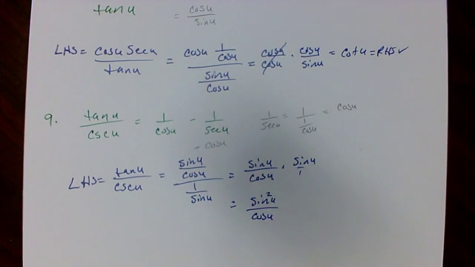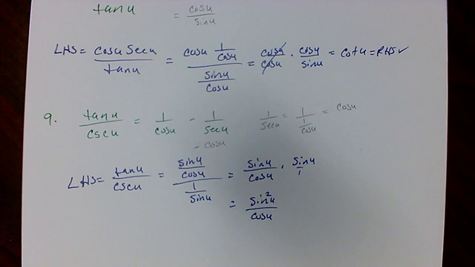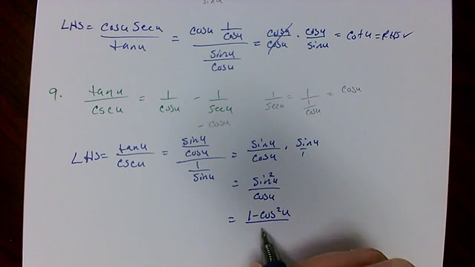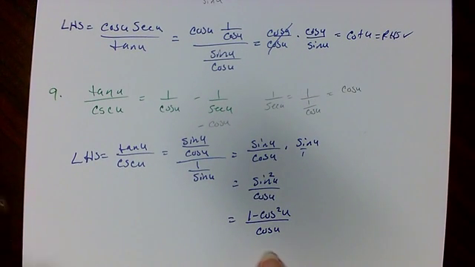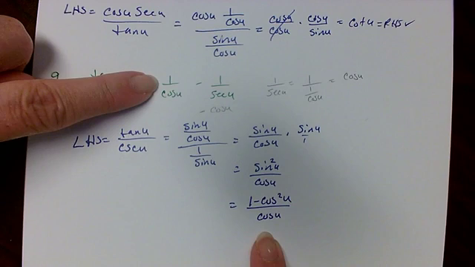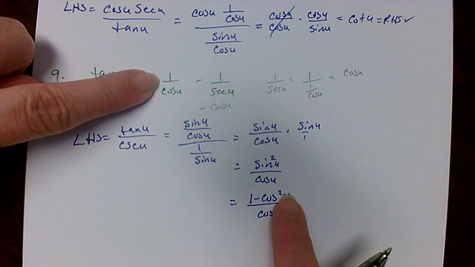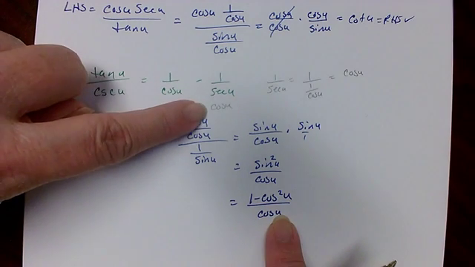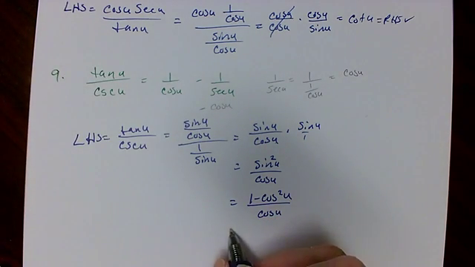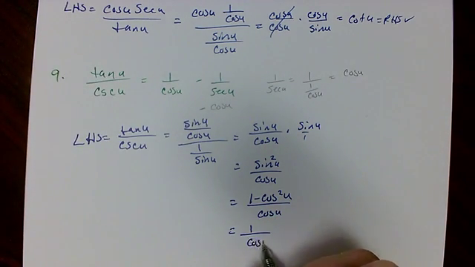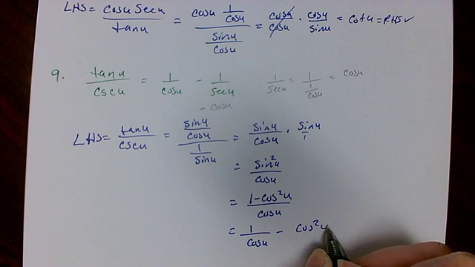Sine squared u, with our Pythagorean identities, equals 1 minus cosine squared u, still over our cosine u. If I look at my original problem, I'm trying to get 1 over cosine u, and if the cosine squared was over cosine, that would reduce down just to cosine. So I'm going to rewrite this and separate my fractions.